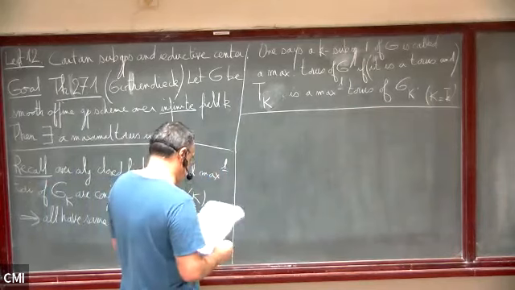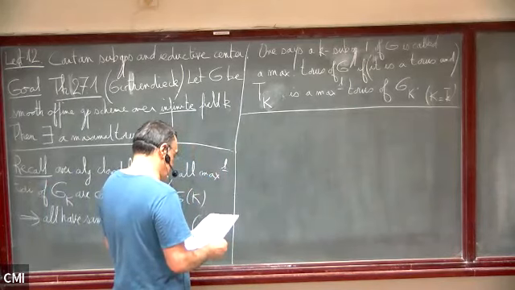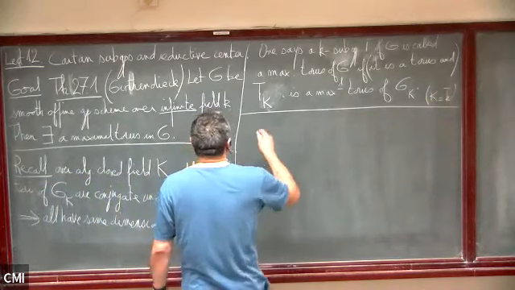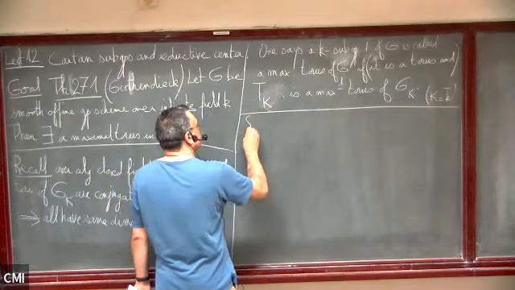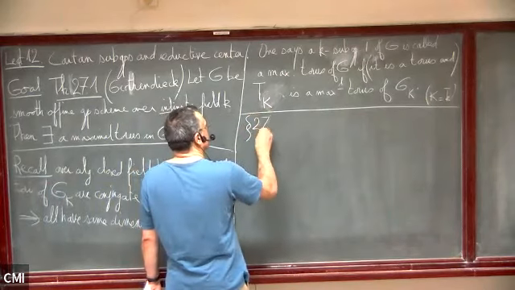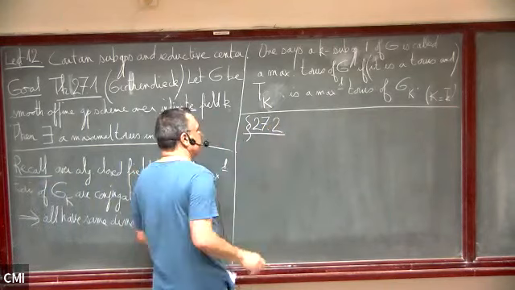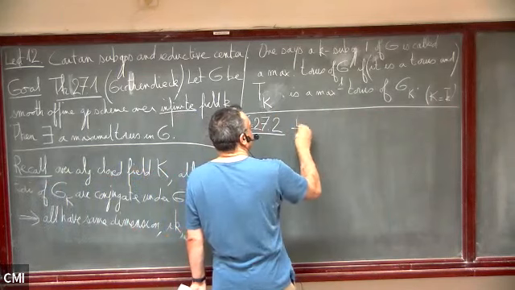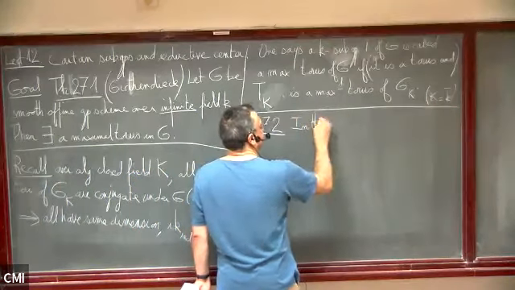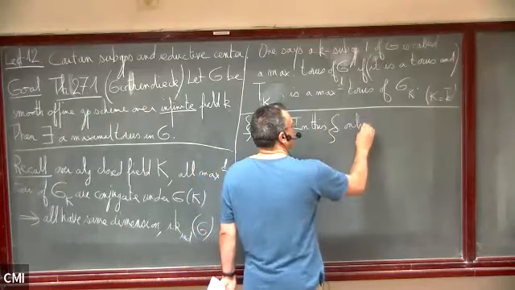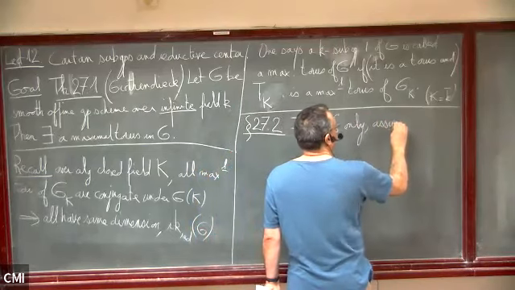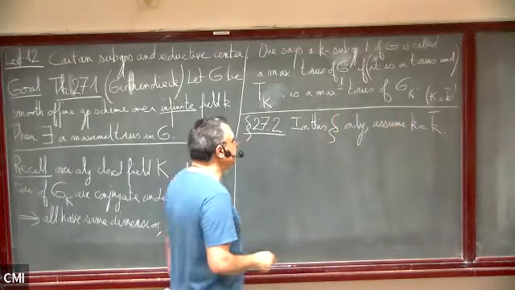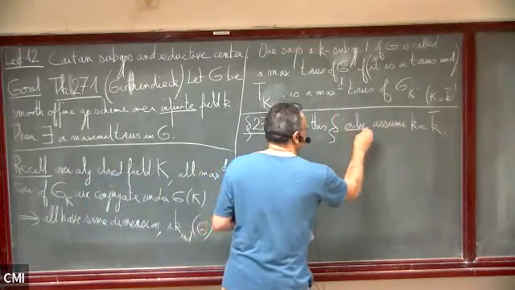Okay, and so the argument of Grothendieck uses the following definition. In this paragraph only, assume K is algebraically closed, but this is for this paragraph only.